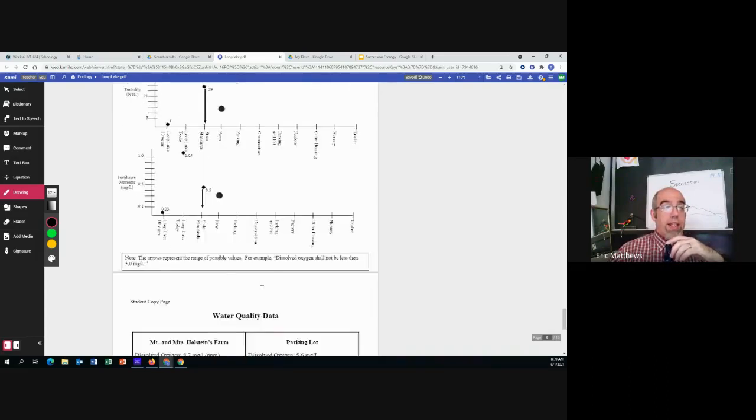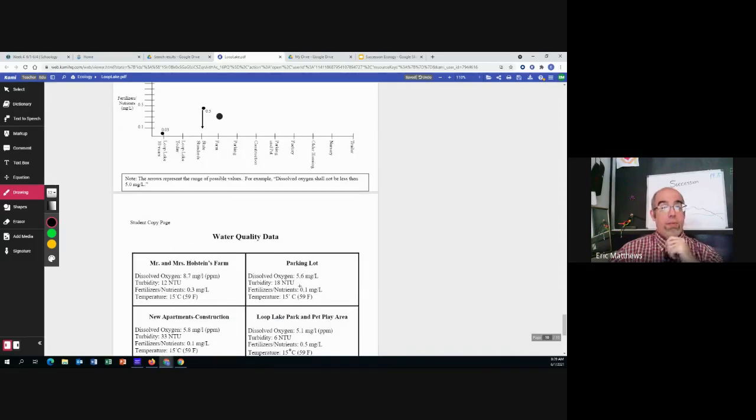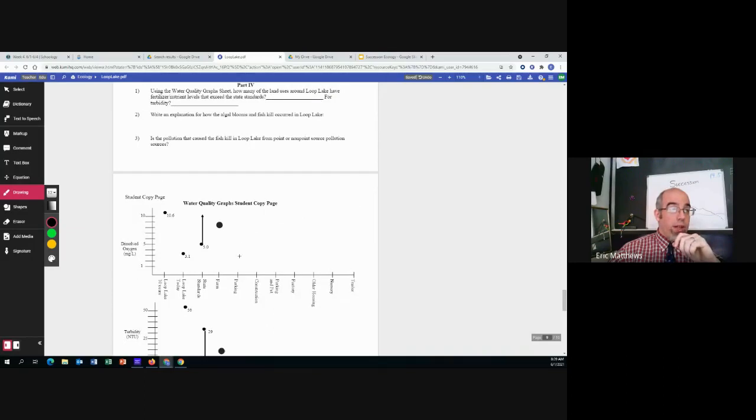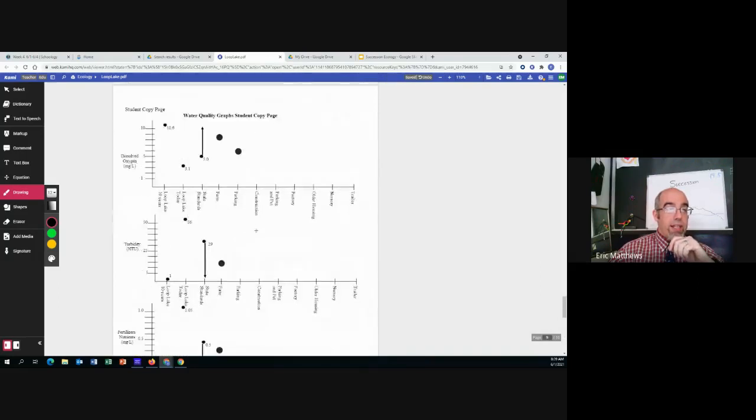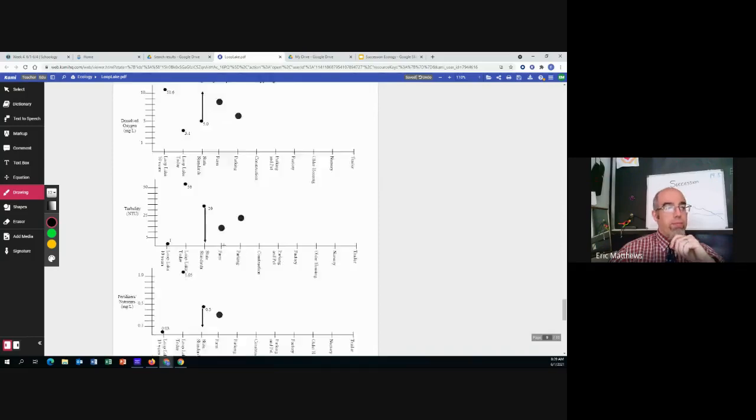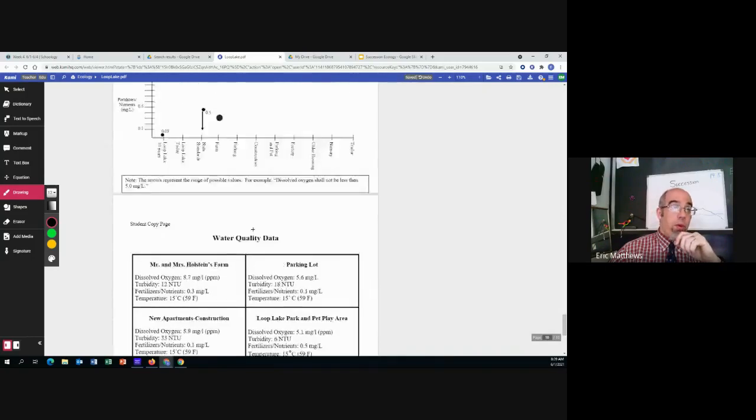Let's look at the parking lot then. Dissolved oxygen is 5.6. So for the parking lot, we come up, and it's just barely in the acceptable range. Turbidity is 18. Well, 18 is still below 29, so it should be somewhere in that neighborhood. Fertilizers, 0.1.